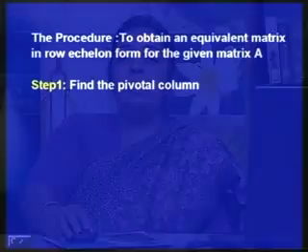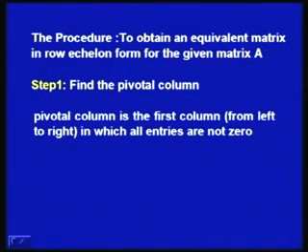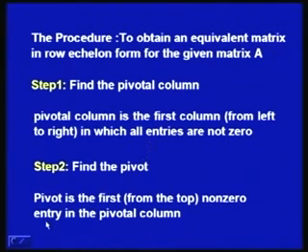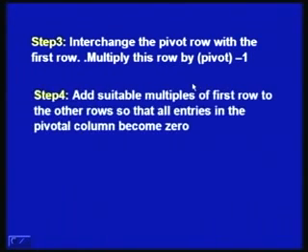So step 1 is that you have to first find the pivotal column. That means the column in which we have a pivotal element. The pivotal column is the first column from left to right in which not all entries are 0. That is the meaning of pivotal column. So first we have to find the pivotal column in the given matrix, then find out its pivot, and the next thing is to interchange the pivot row with the first row, and multiply this row by pivot inverse.